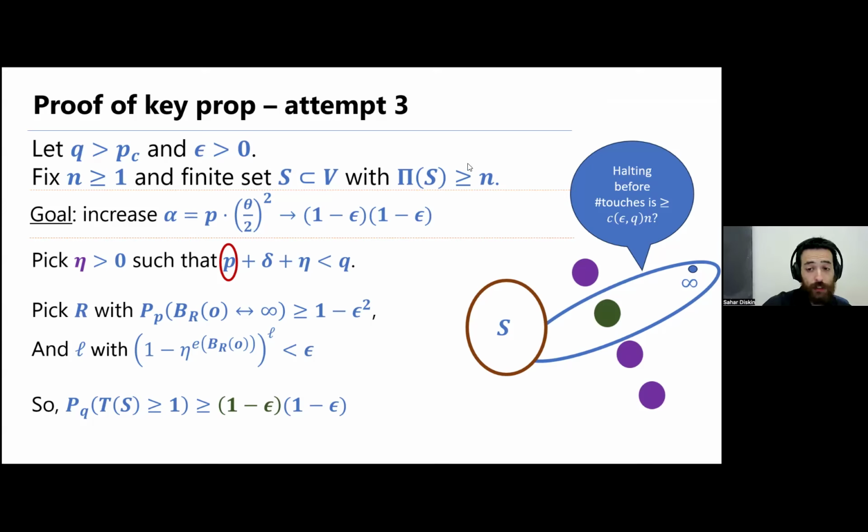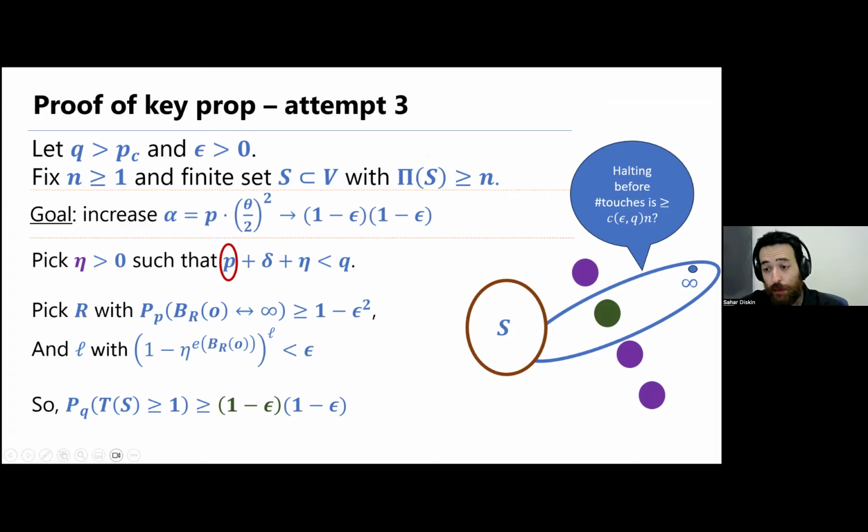Okay, and here this is really where this pi of S is going to kick in. So observe that every time that I did this experiment, what happened? I had L many balls of radius R that I tried something on.